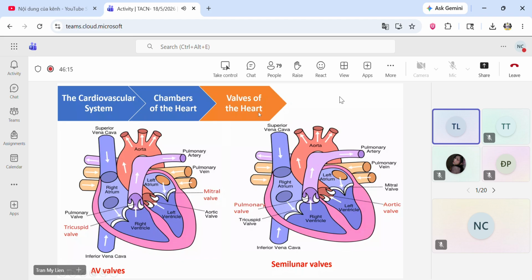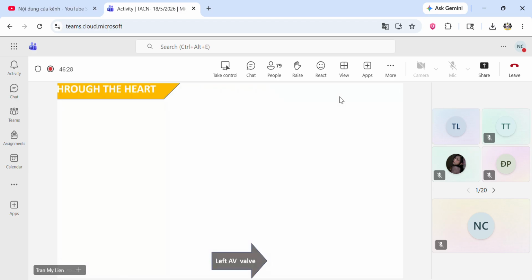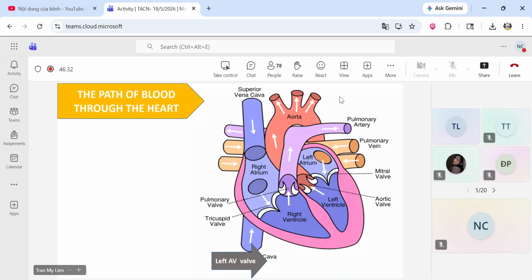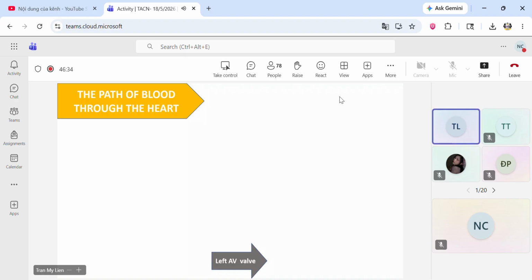The 4 heart valves prevent the backflow of the blood, make sure the blood moves in just one direction. Let's have a look at the path of blood through the heart.